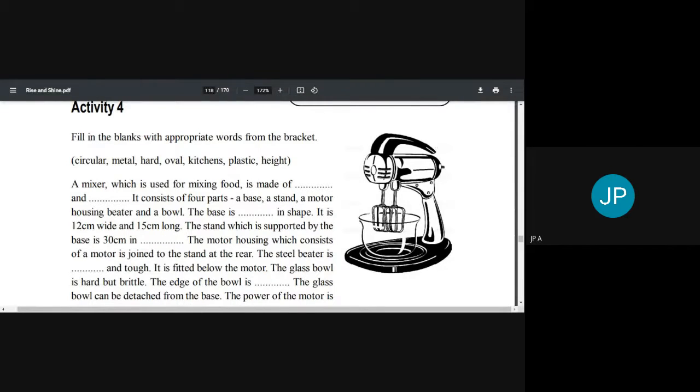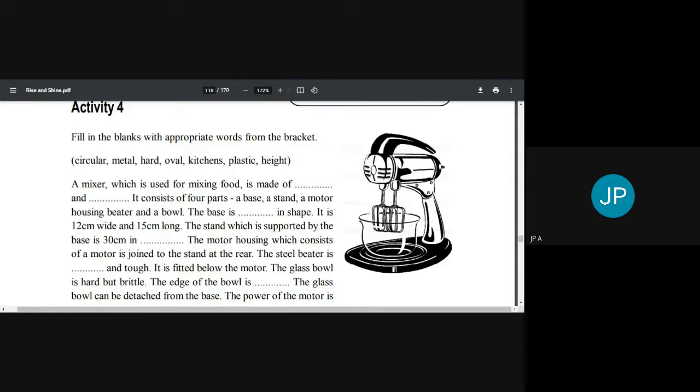So we may need to blend these things together. For that purpose, we generally use this blender or a mixer. Instead of beating it with a spoon, it's easier to do it with a blender. So that is the device that we are going to describe.